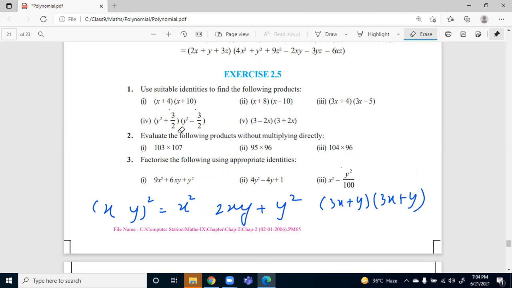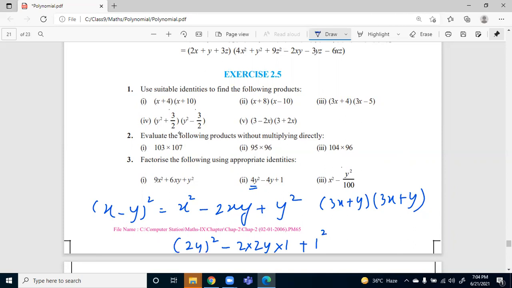So the negative sign indicates that it should be the identity (x minus y) whole square, that is x square minus 2xy plus y square. So if you change it, like 4y square, what is 4y square? It is (2y) whole square minus 2 into 2y into 1, and 1 I can write as 1 square.